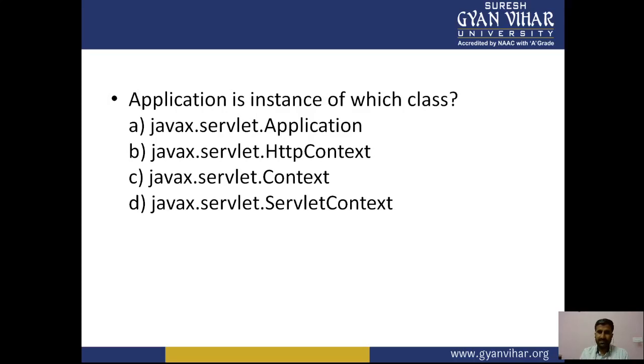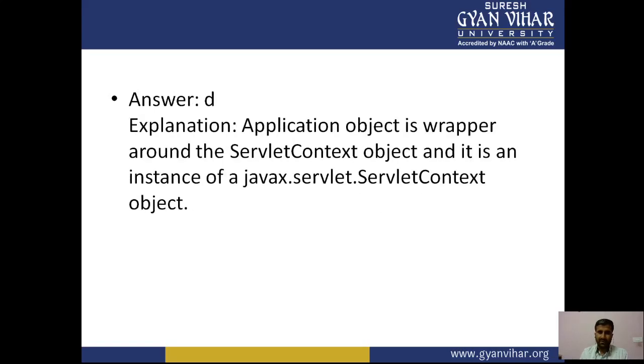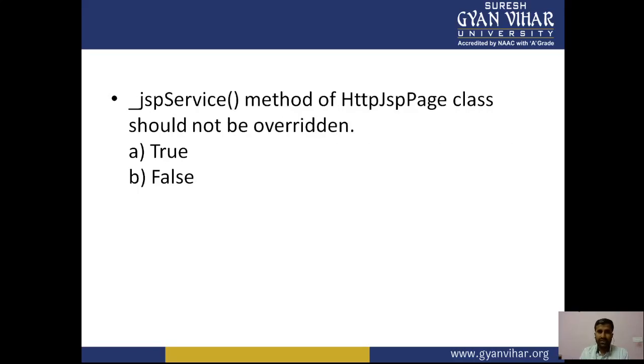Application is an instance of which class? javax.servlet.application, HttpContext, javax.servlet.context, and so on. The answer is D. The application object is a wrapper around the servlet context object, and it is an instance of javax.servlet.ServletContext. Next, the JSP service method: all the activities in Java Server Pages are done with this service method. The HttpJspPage class's service method should not be overridden, true or false?